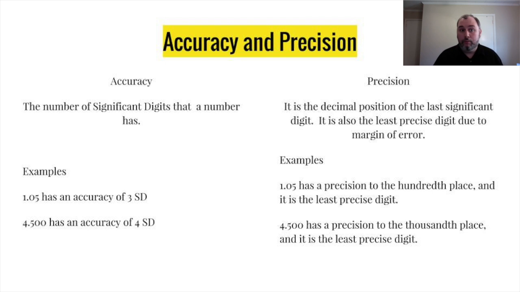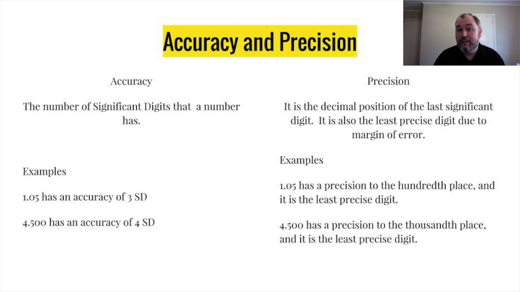You remember how in the video we could say that 1.05 has that plus or minus margin of error, so that 0.05 could possibly be 0.055 or 0.045. Okay, so that's why it's saying that that last digit of the number is the least precise, even though the whole number is precise to the 100th place.